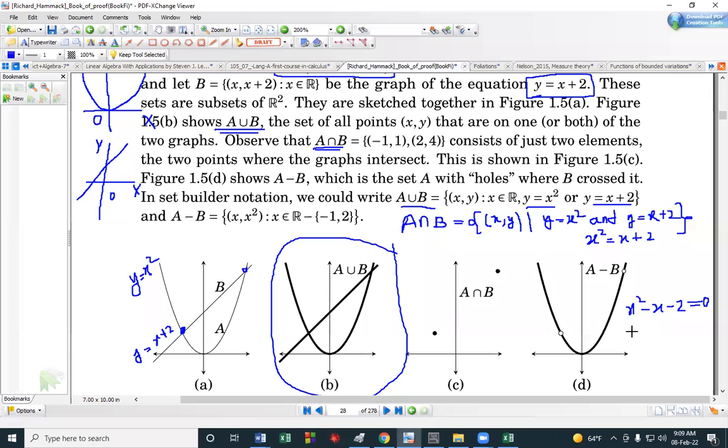You can factor it as x minus 2 and x plus 1 equals 0.